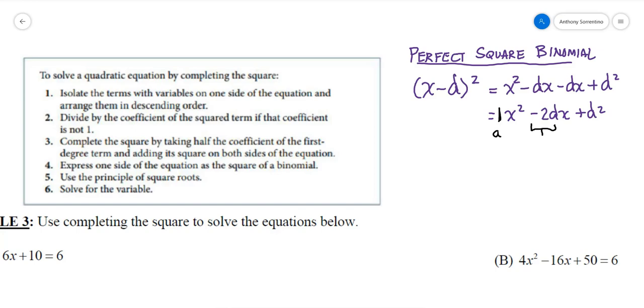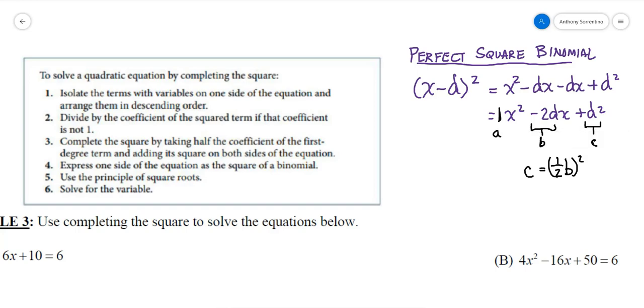My B value, as compared to what my C value is, I can see that the C value is basically 1/2 the B value squared.